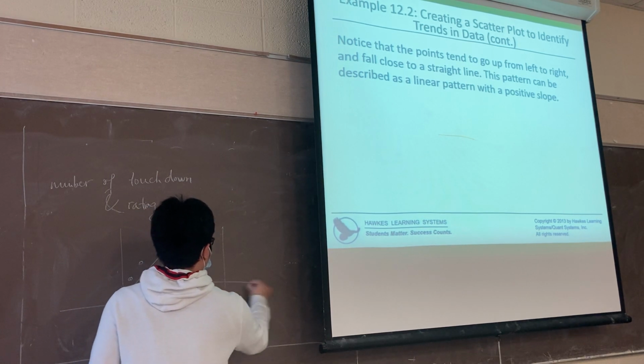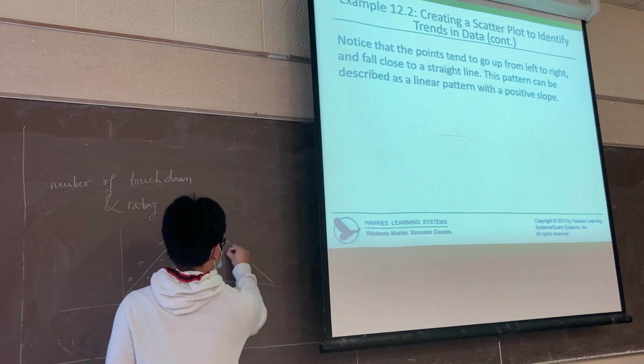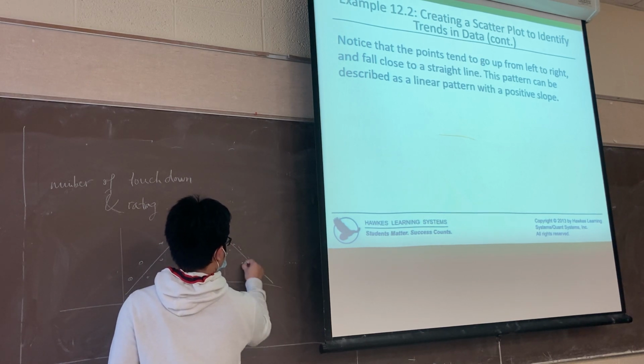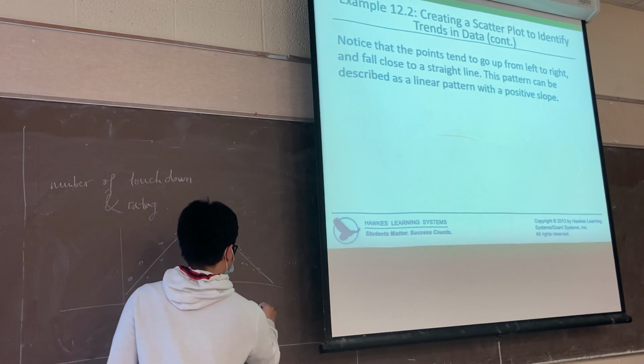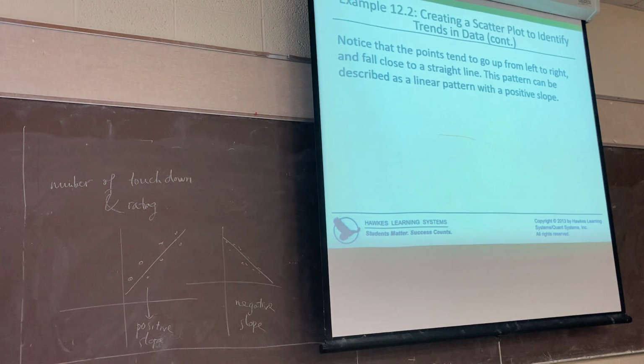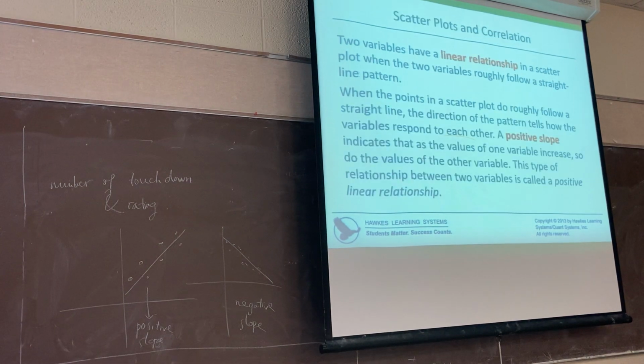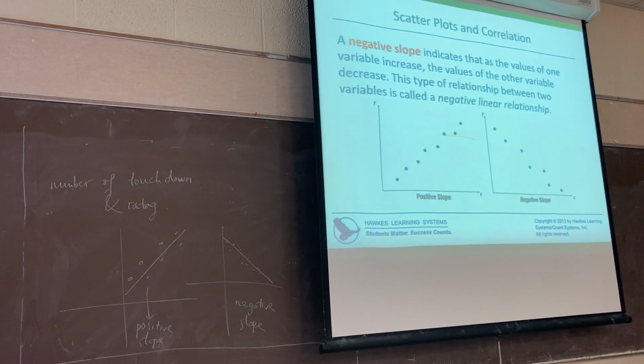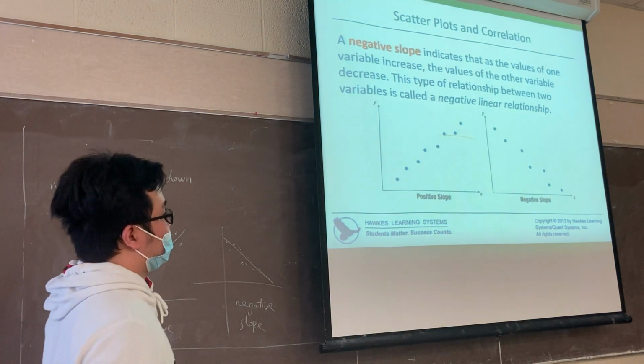And data like this is called negative slope. This is positive slope and this is negative slope, so you can look at the slide here.